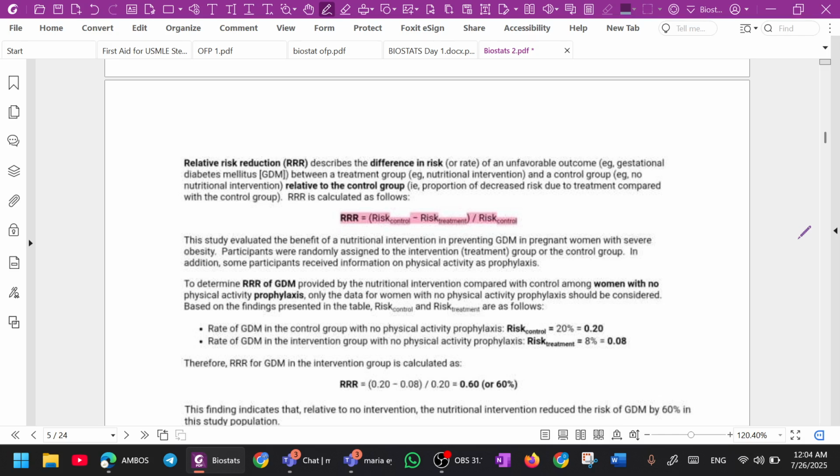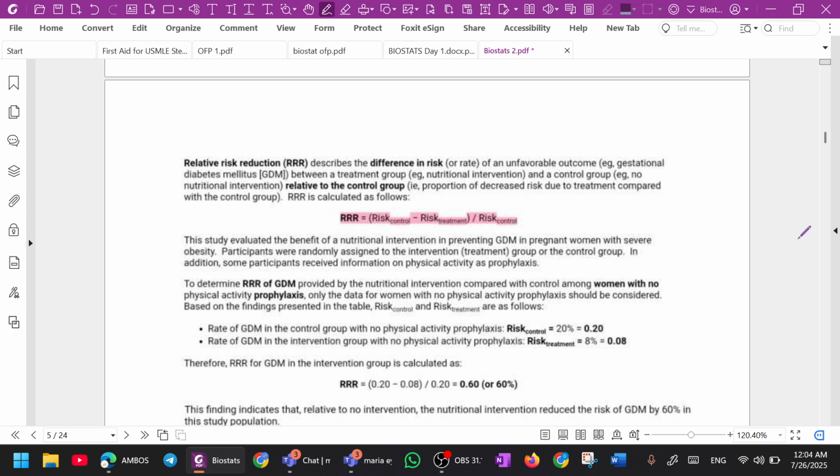That's the way you did it. Okay, you have done it in this way, isn't it? No, I did it differently. Yesterday we saw another formula that said RRR is ARR over control rate. Remember we saw that formula yesterday? Yes. So the ARR would just be 20 minus 8, which equals 12.